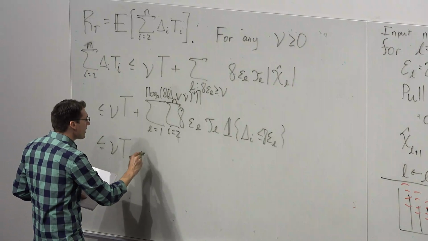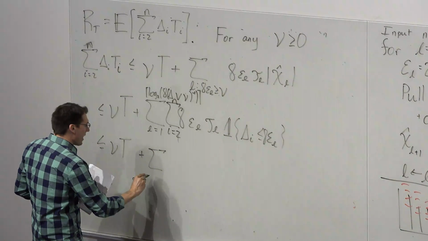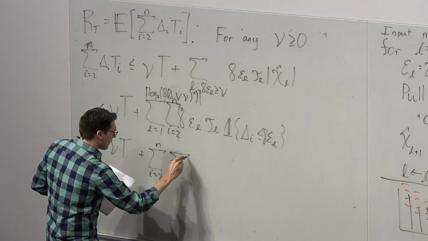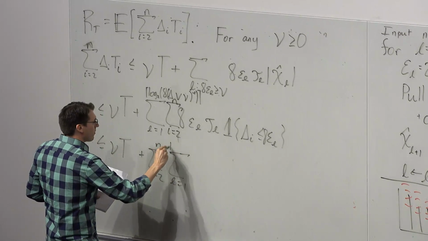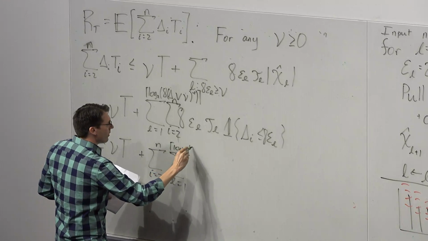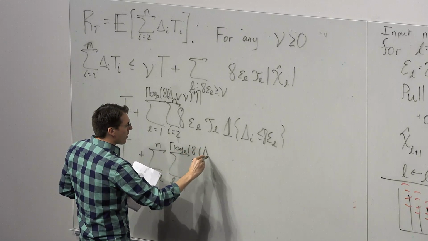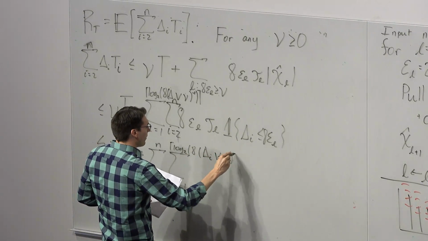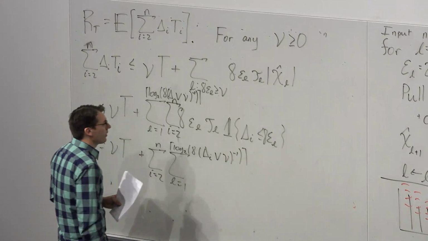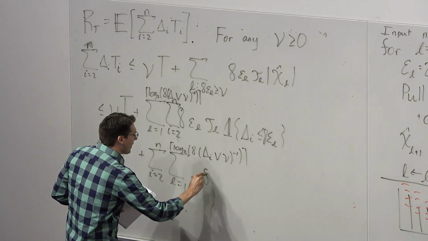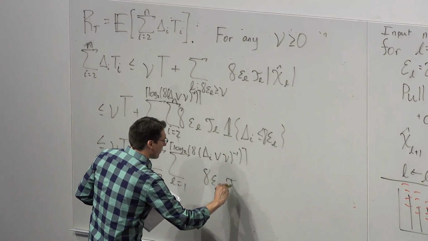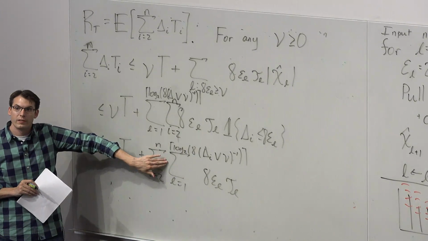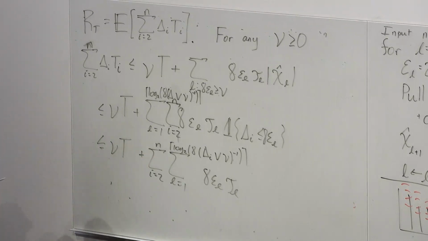And so then I can rewrite this as i equals 2 to n of the sum L equals 1 to log to 8 delta i max nu inverse ceiling, and then I have, again, 8 epsilon L tau L. So all I've done is move this indicator up into the summand. Okay? I've just changed the limits of the sum.